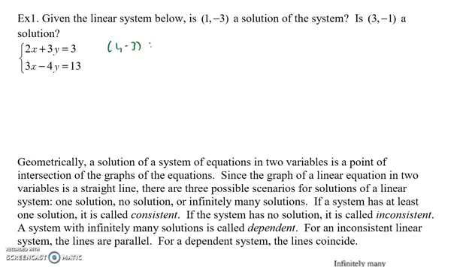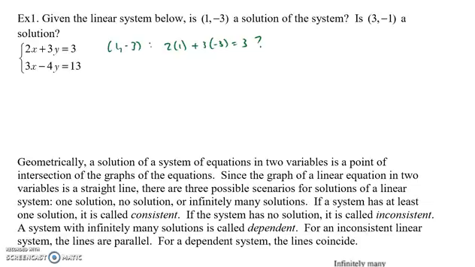So letting x be 1 and y be -3, this would give us, for the first equation, 2 times 1 plus 3 times -3. And basically the question is, do we get 3 on the left-hand side as we have on the right-hand side?